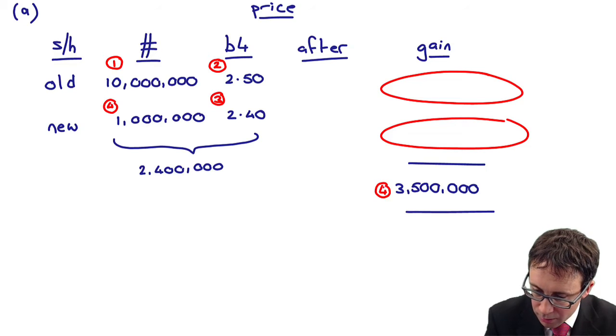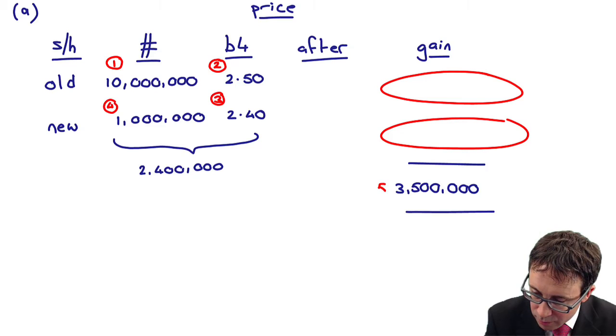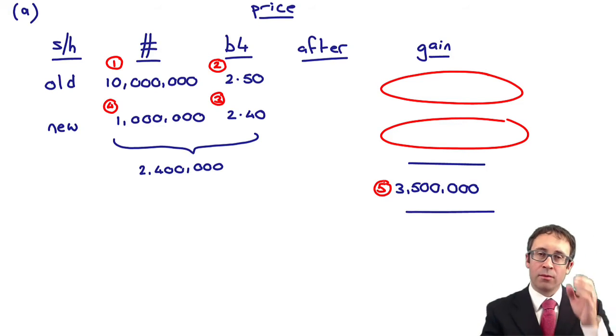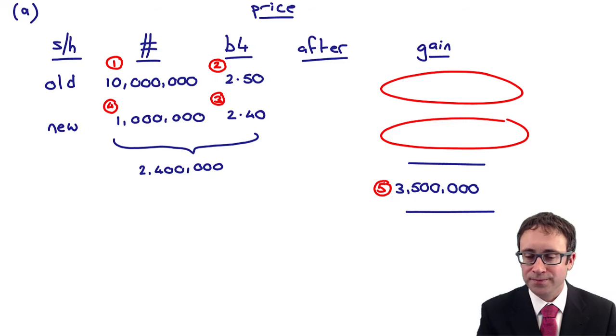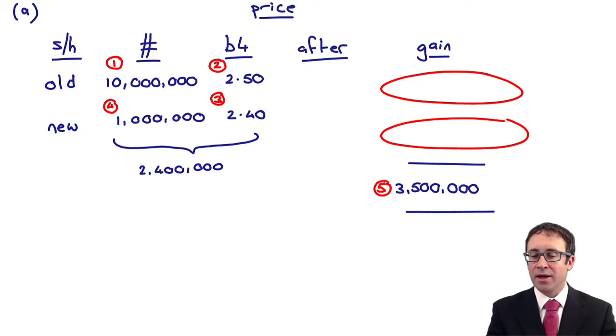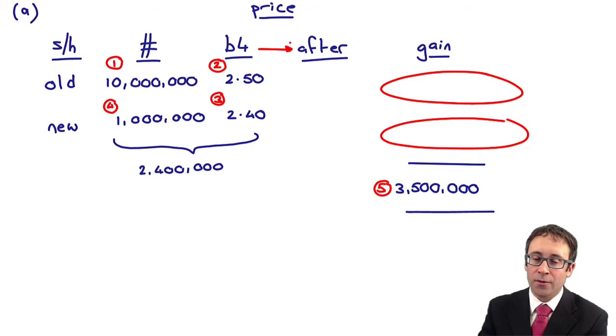That's not 4, that's number 5. I'm just labeling them up so you've got numbers to follow if you work out similar questions. So what we need to be able to do is to work out the gain. We need to look at the price after.